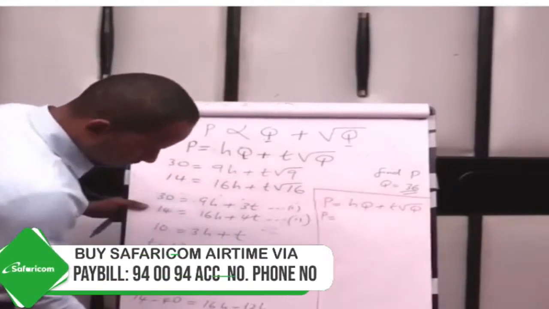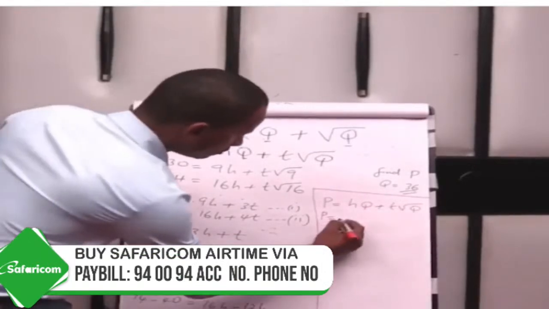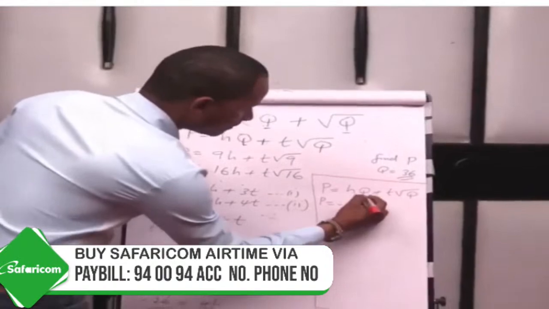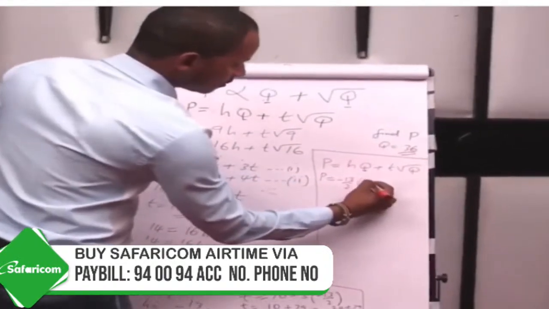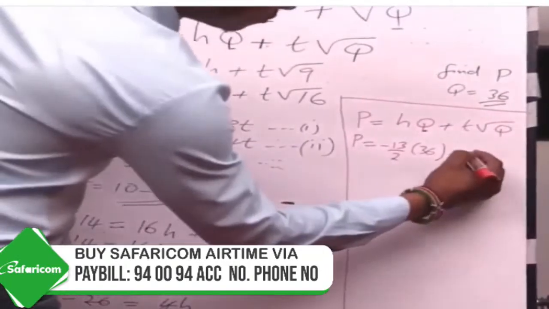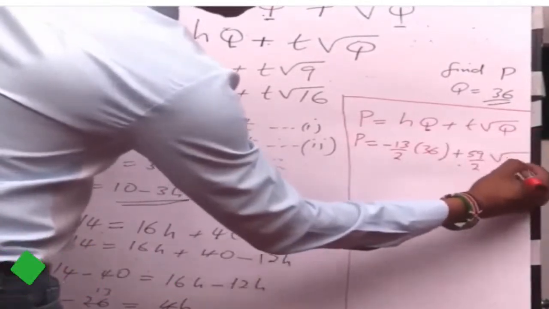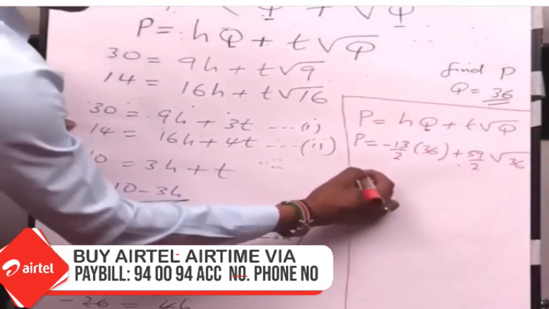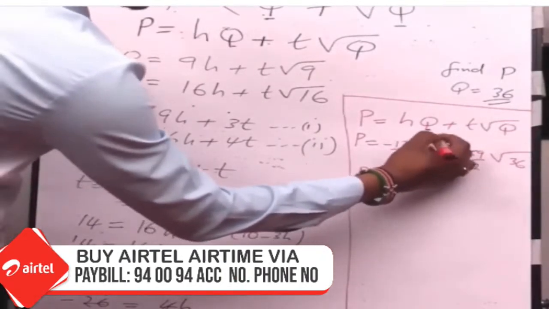Therefore, P equals H. We got our H as minus 13 over 2, times Q. Which Q are we given? 36. Plus T. Our T is 59 over 2, times the square root of Q, 36, because we want to find the value of P. So P equals 2 here once, 2 here 18 times.